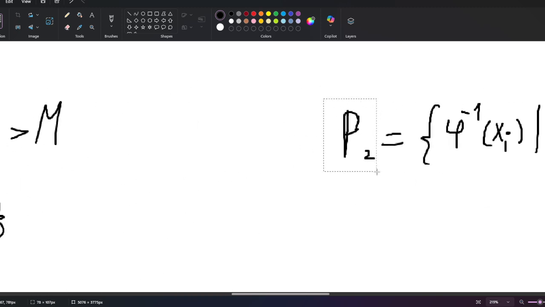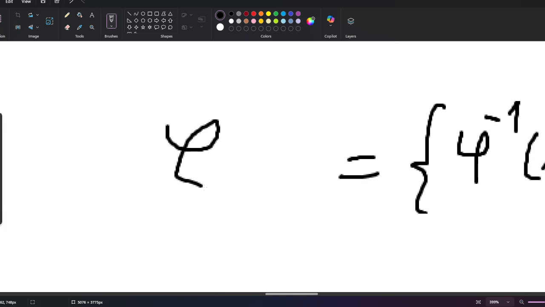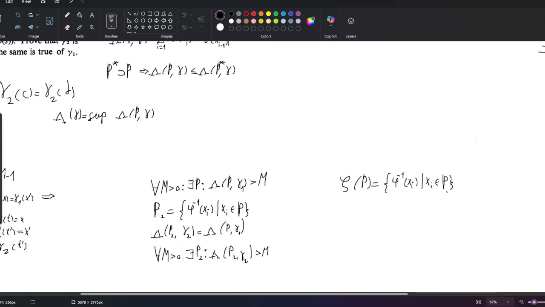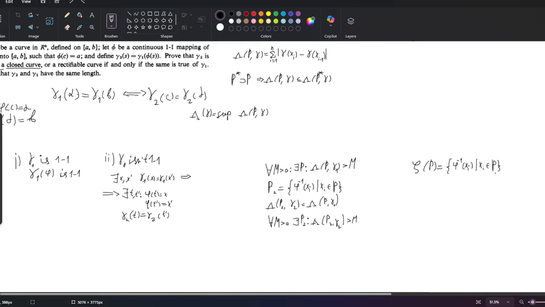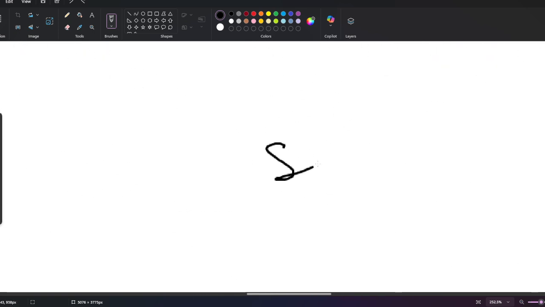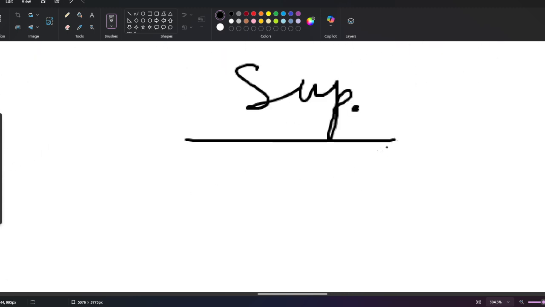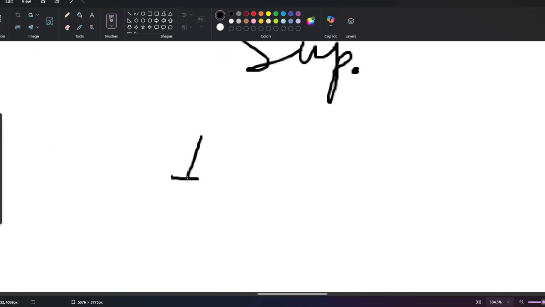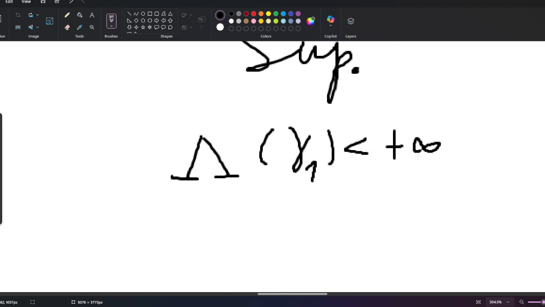Now, for convenience's sake, I'll define a function here. Let's call it theta of P. Alright, thank you. Now, for looking into the problem of length, suppose that the length actually exists, so the length of gamma 1 is less than plus infinity.